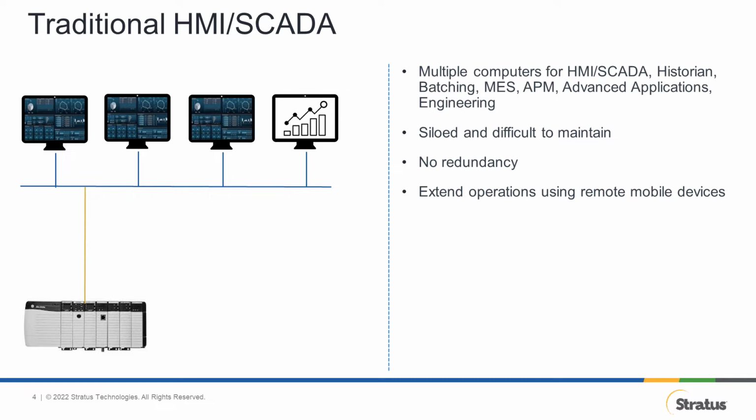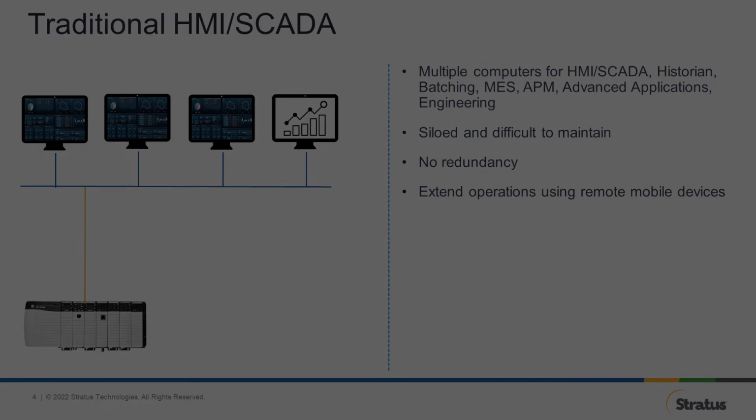The problem is, over time, these become difficult to maintain and operate, and they become siloed. Also, there's typically no redundancy capabilities, and it's very hard to extend your operations using remote mobile devices.